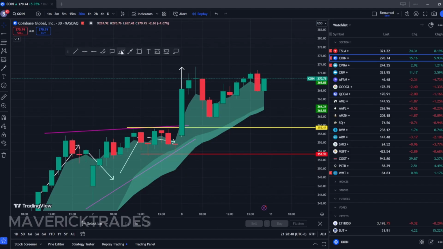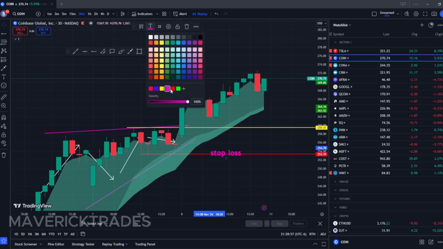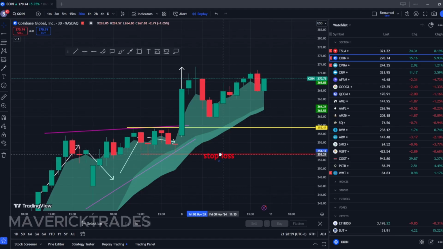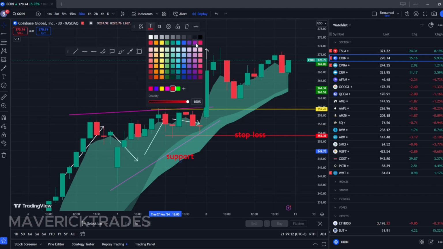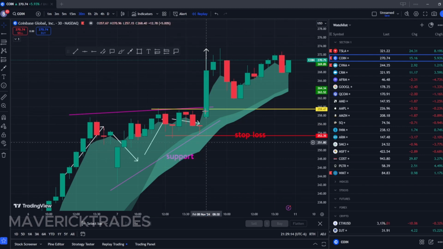Okay? So let me just mark everything for you guys so you could understand it a little bit better, because I know this is probably a lot for you guys right now. Okay, so stop loss is this line right here. Support is going to be this pink line right here.